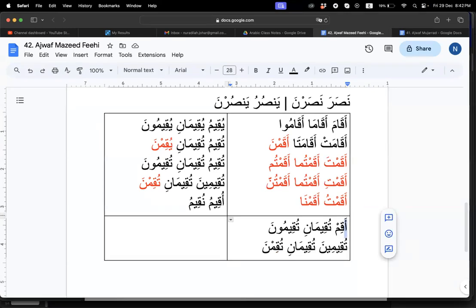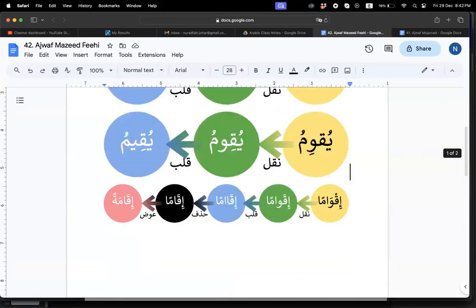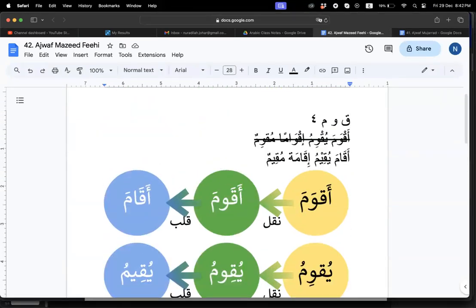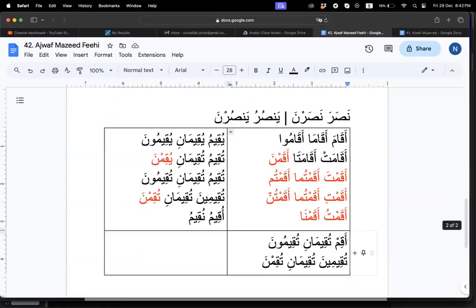Because like I told you before, the pattern aslama yuslimu is actually aslama yu'aslimu. But they dropped the hamzah because they don't like the hamzah. They want to make it flow on the tongue, so they make it yuslimu.